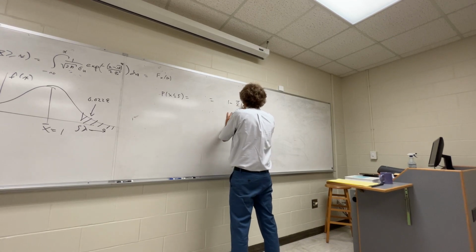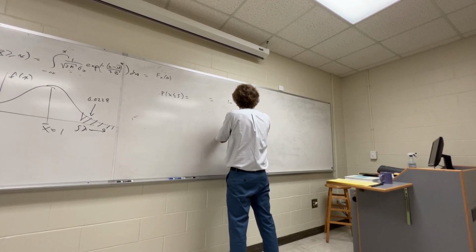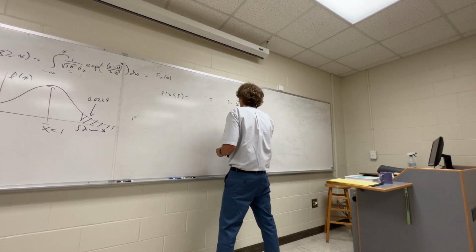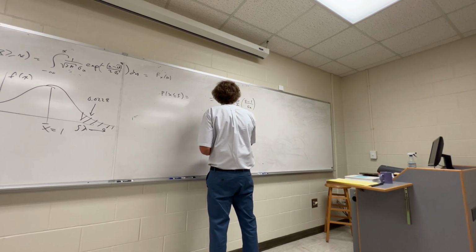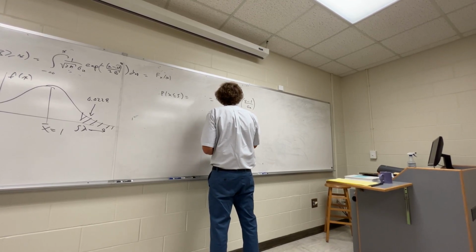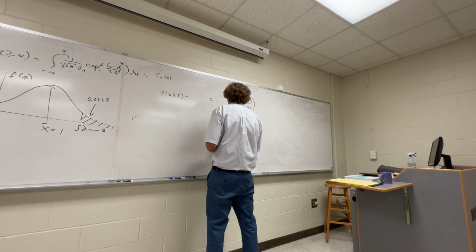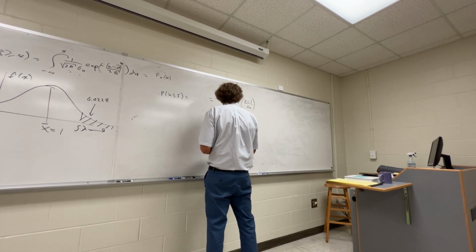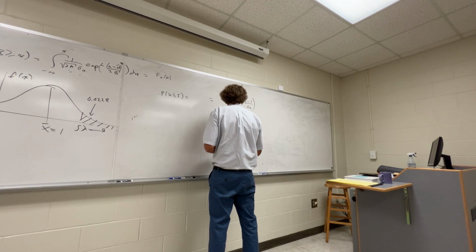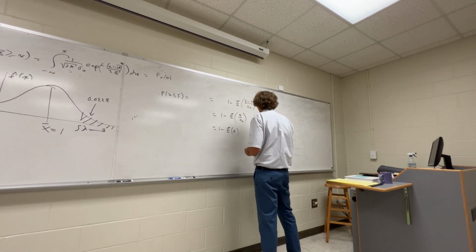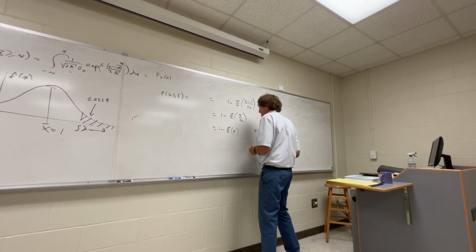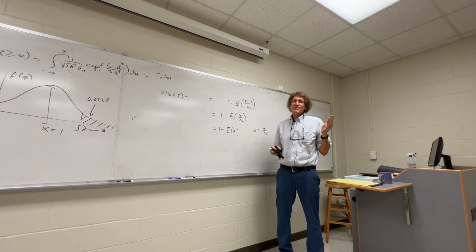This is 1 minus the characteristic function of x, which is 5, minus the mean, which is 1, over sigma x, right? Or I'm going to call this 1 minus the characteristic function of 5 minus 1, which is 4, over sigma x. Or 1 minus the characteristic function of a. Here, a is simply equal to 4 over sigma x.